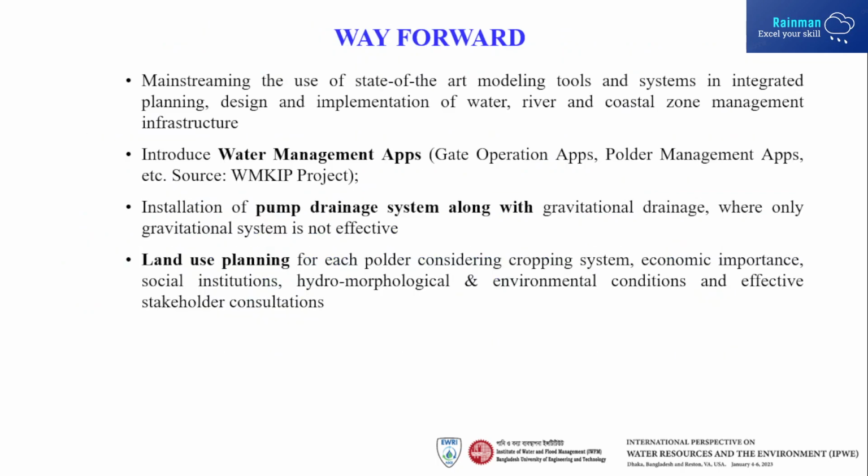So we have some way forward: mainstreaming the use of state-of-the-art modeling tools and systems in integrated planning, design, and implementation of water, river, and coastal zone management infrastructure. And we have to introduce some innovations like water management apps, and installation of pump drainage along with gravity drainage where gravity drainage alone is not effective, and land use planning for each polder, considering cropping system, economic importance, social institution, hydromorphological and environmental conditions, and effective stakeholder consultations.